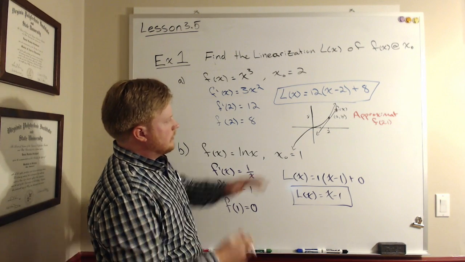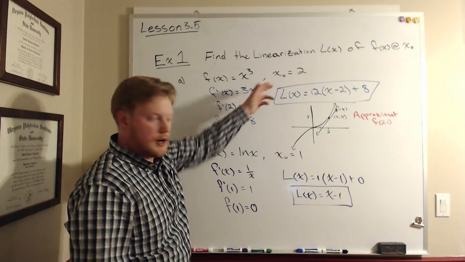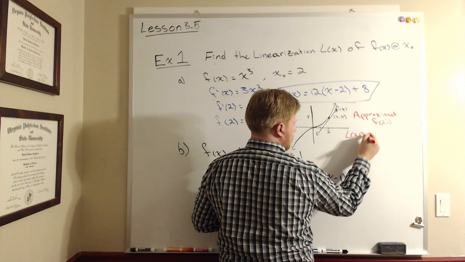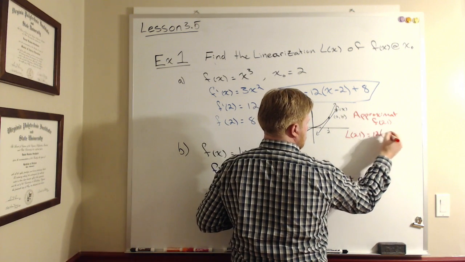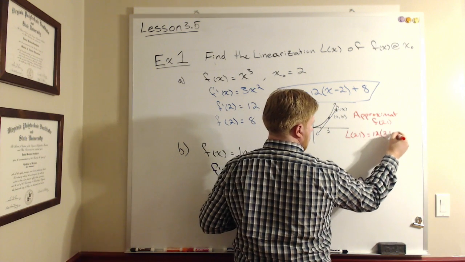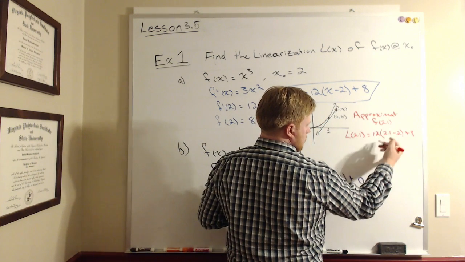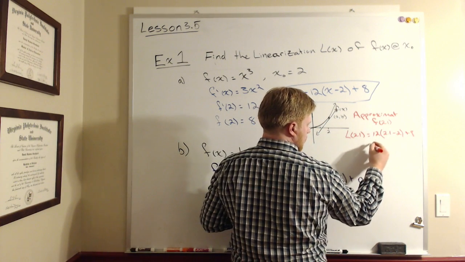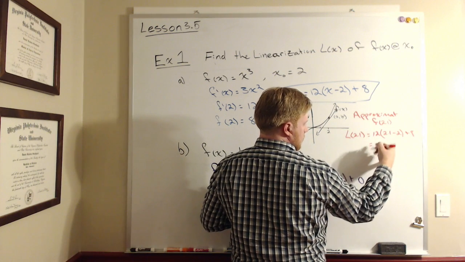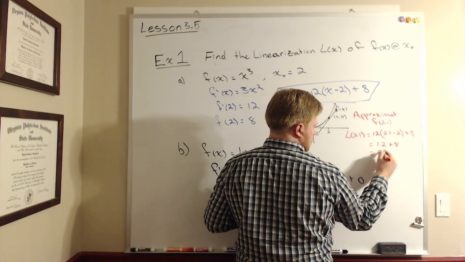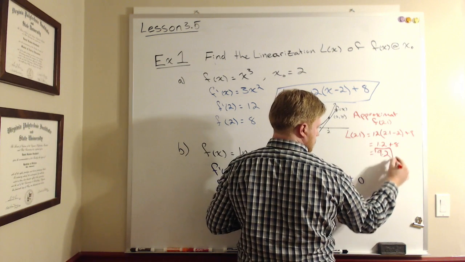Well, I can use the linearization to approximate it. So L of 2.1 is 12 times 2.1 minus 2 plus 8. 2.1 minus 2 is 0.1. So I have a tenth of 12, which is 1.2 plus 8 is 9.2.